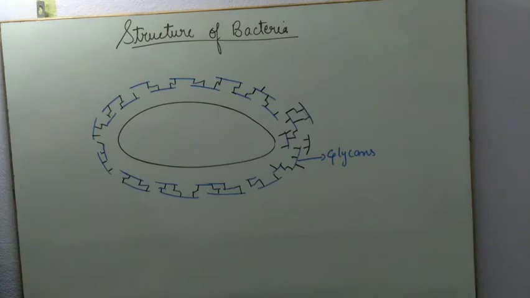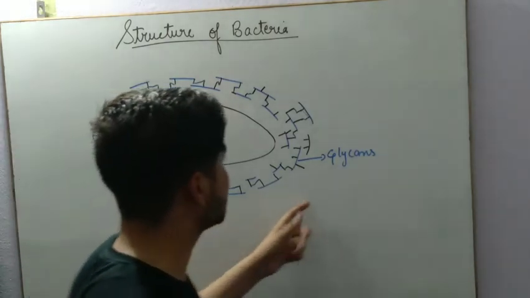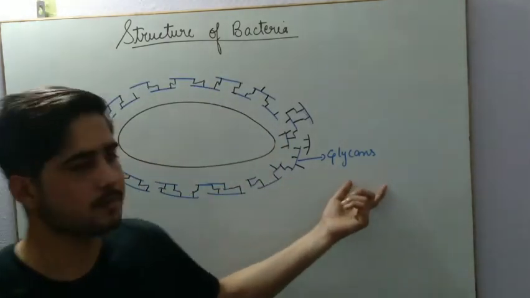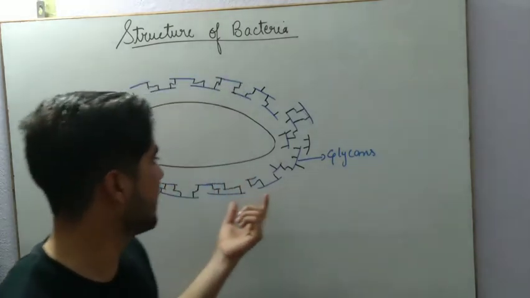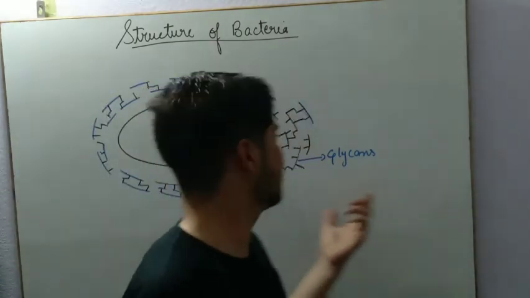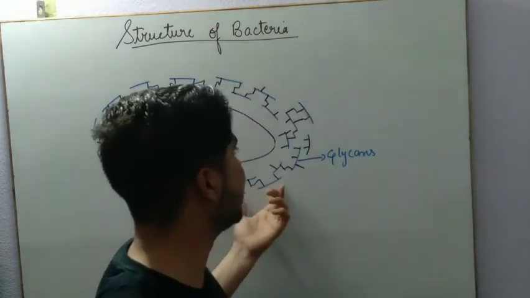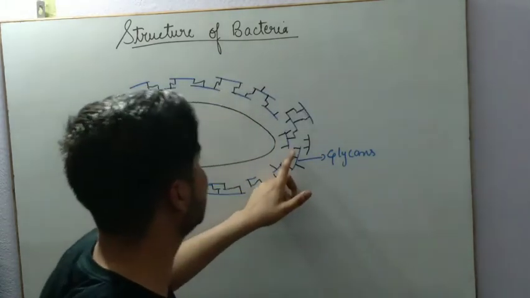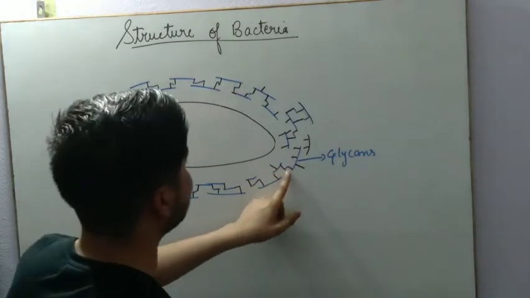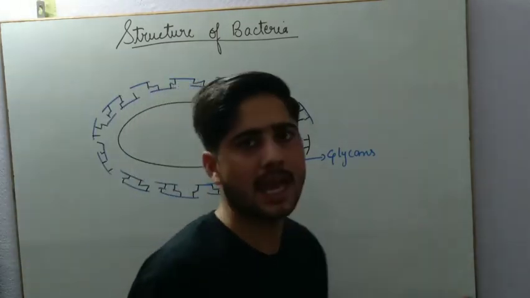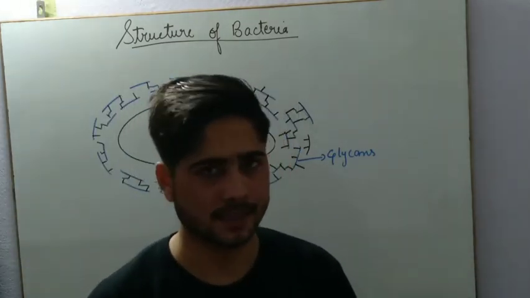So this is the structure made from glycans and peptides, and this layer is called the cell wall, which is made from peptidoglycan. Between these peptides there is a linkage, so this is also called the peptidoglycan linkage.